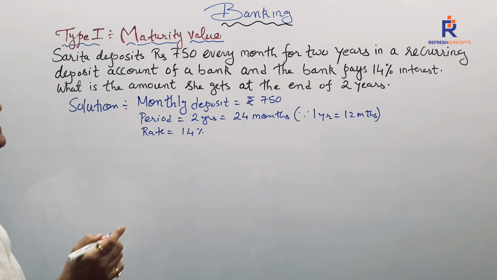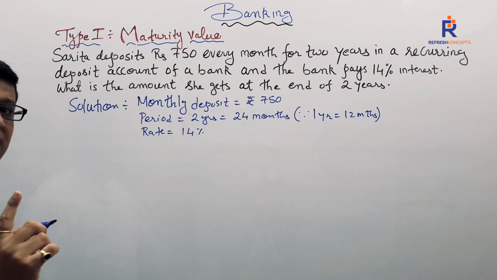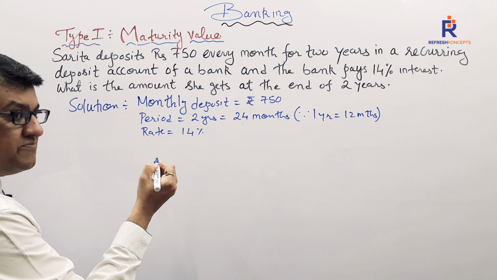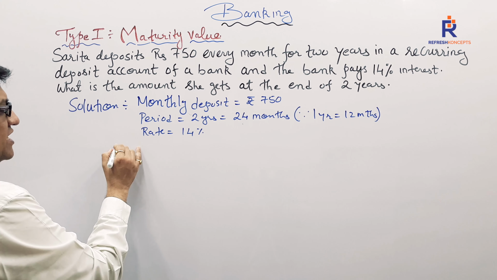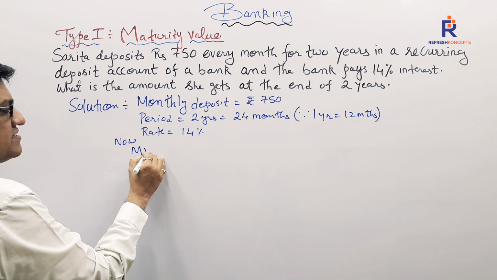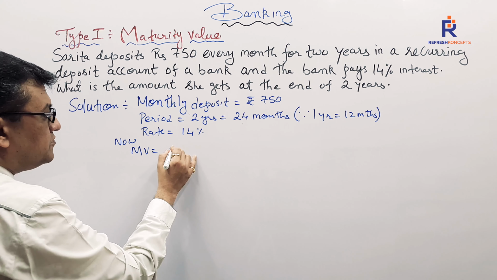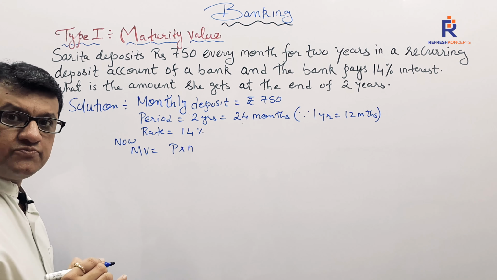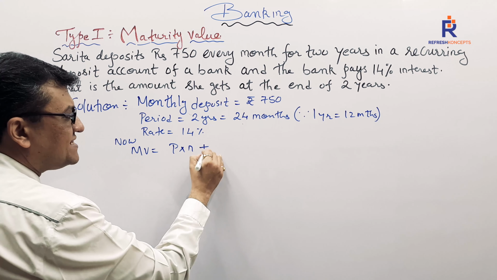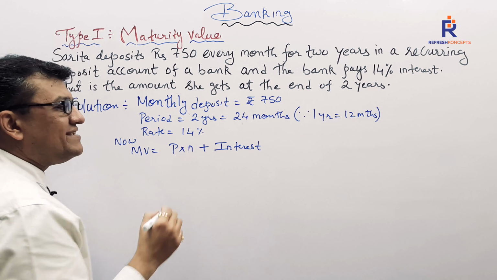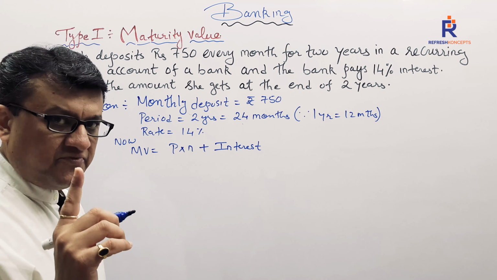What is the amount she gets at the end of 2 years? So we are looking for maturity value, children. What is the formula for maturity value? Maturity value is equal to principal into the number of months which the person is deposit plus interest. Why am I writing this and not the entire formula? For a simple reason.